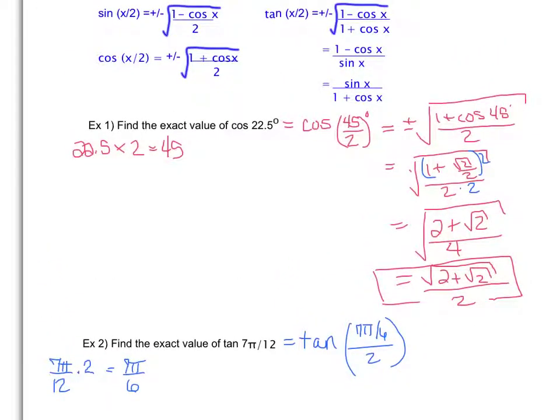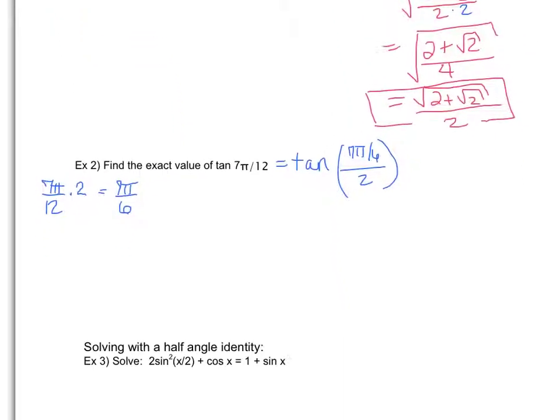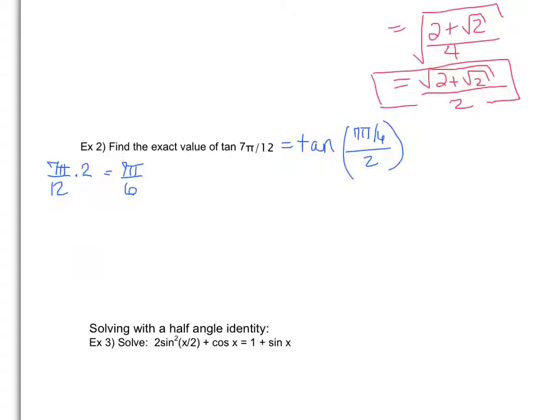Well, I'm going to choose a formula that doesn't have a radical in it, so I'll just go ahead and choose the second formula. It doesn't matter which one you use. Doing that's going to give me 1 minus cosine of 7 pi over 6 all over sine of 7 pi over 6.